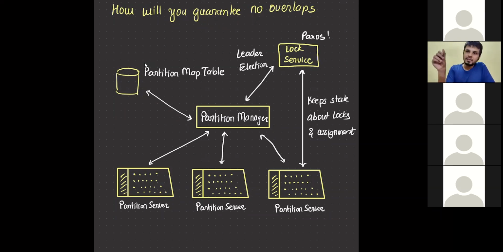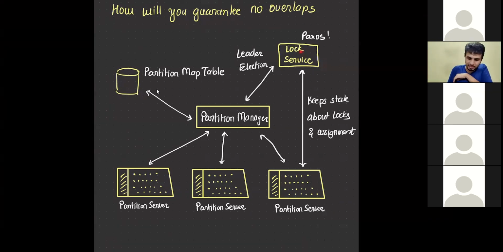Now the partition servers also use the lock service to keep state about logs and assignments. So assignments of file objects, like let's say two processes or two people trying to update the same file. One process is trying to update the file, another one is also trying to update the file, then some sort of locking is needed.